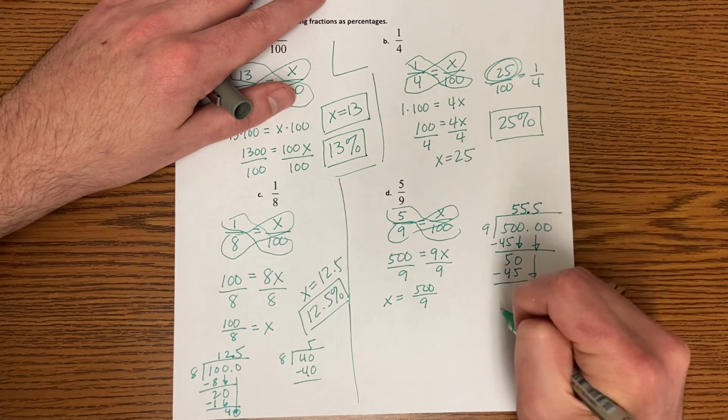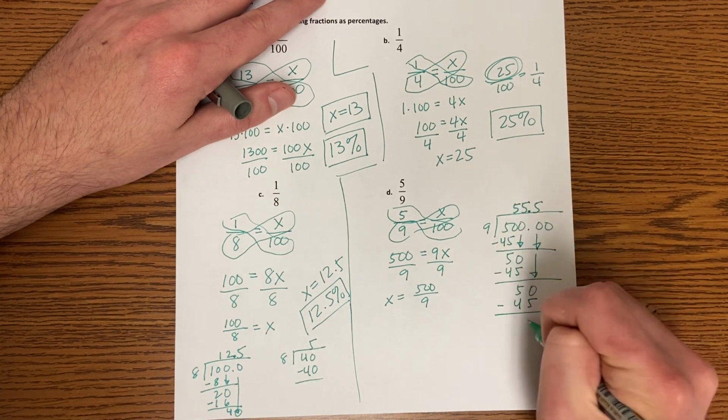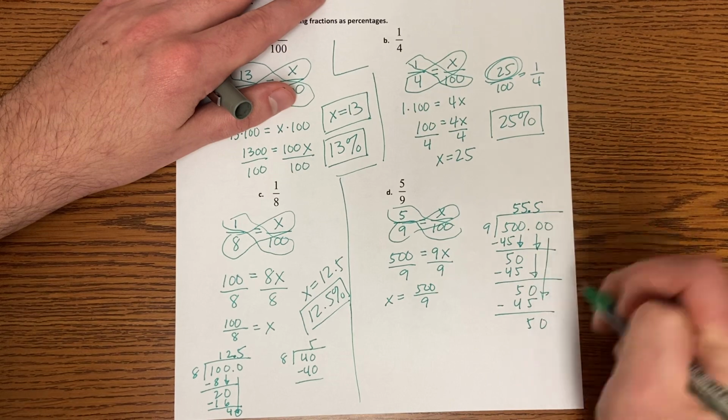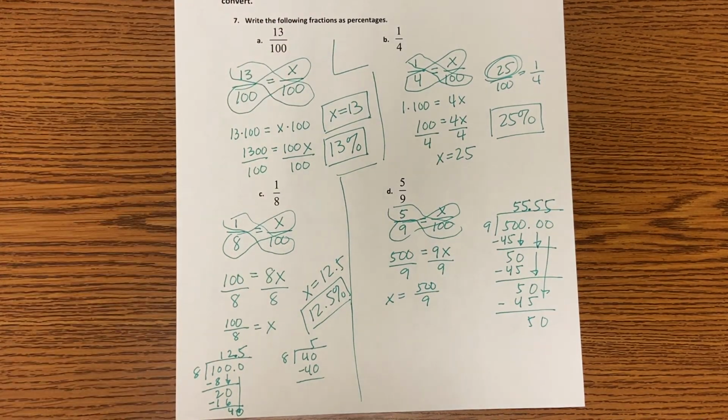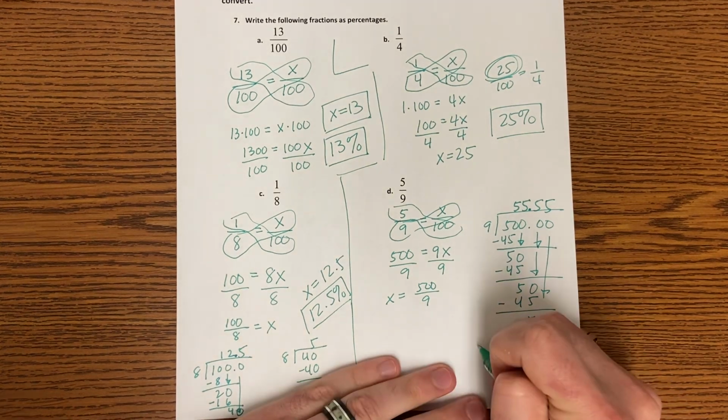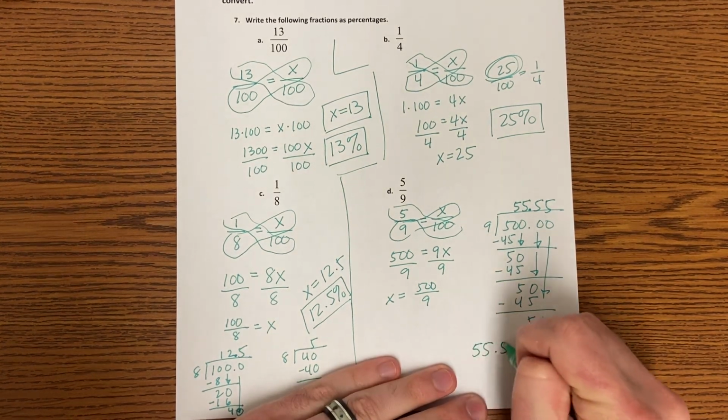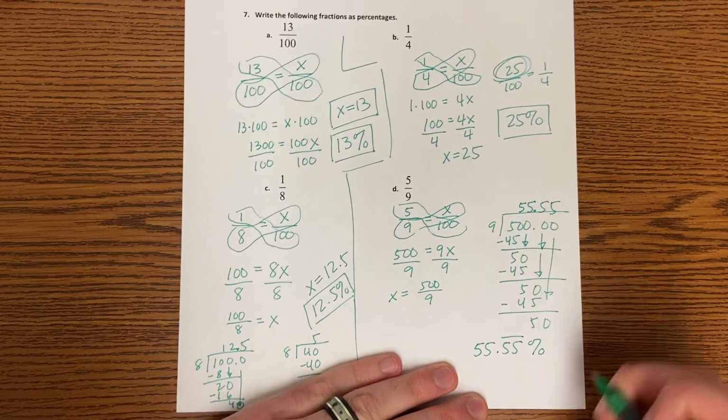At this point, you might see a pattern. So it just ends up repeating over and over: 55.55555. One of the ways that we can do this is to write it as 55.55 repeating percent.